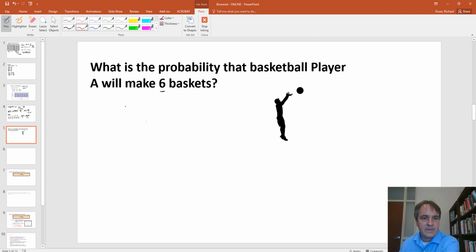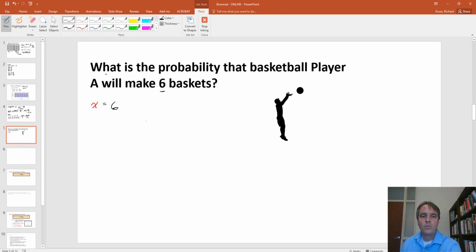So let's just say, if we know that we're trying to form a probability mass function here, that we're interested in 6. So we'll go ahead and call that x. So x is going to be equal to 6. So we're looking for 6.